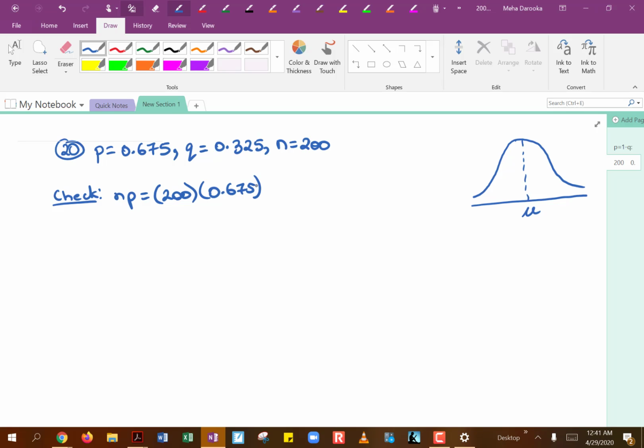Now let's do n times q, which is 200 times 0.325, and this will come out to be 65. And again, both numbers are larger than 5, so we can use normal approximation here.